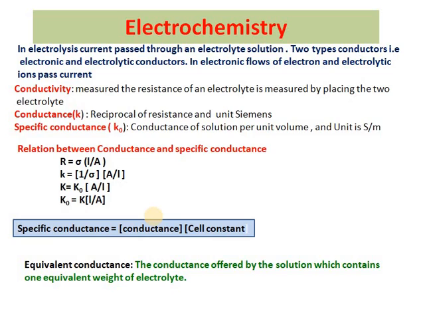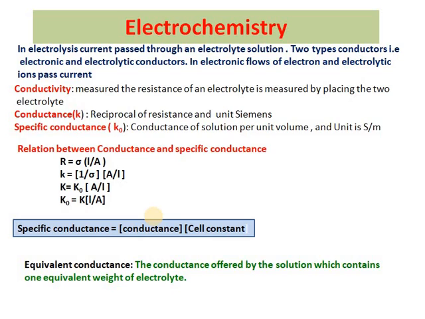The metal wires that join and supply the electrodes are the electronic conductors, and the electrolyte solution is the electrolytic conductor.